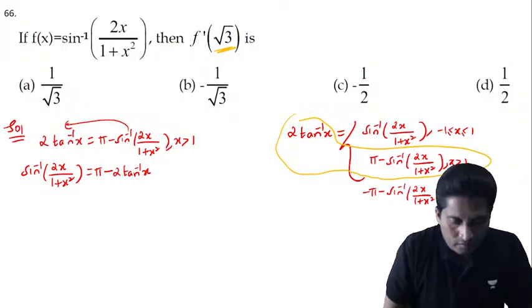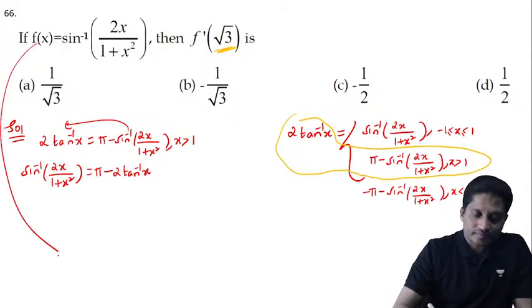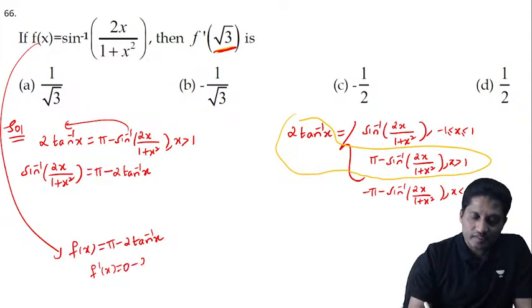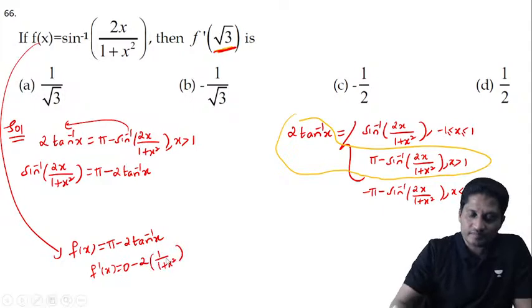Right, now this fellow f(x) is equal to pi minus 2 tan inverse of x, because I'm supposed to find the differentiation at root 3. f dash of x is equal to differentiation of pi is 0, differentiation of tan inverse of x is 1 by 1 plus x square.